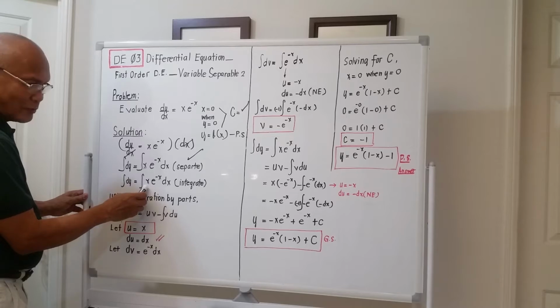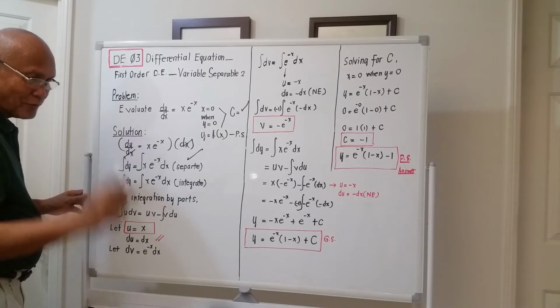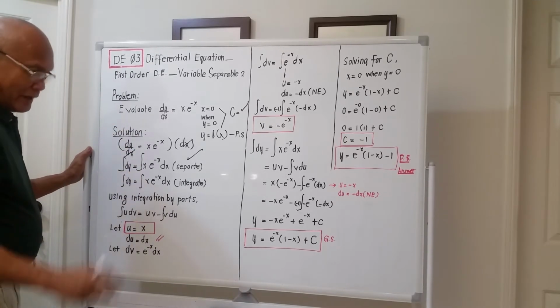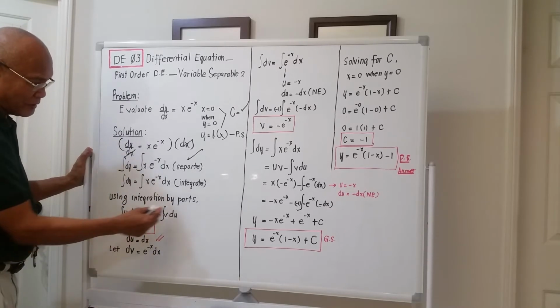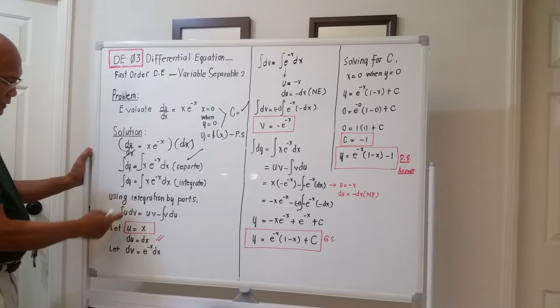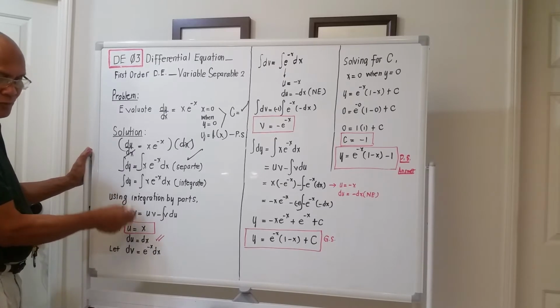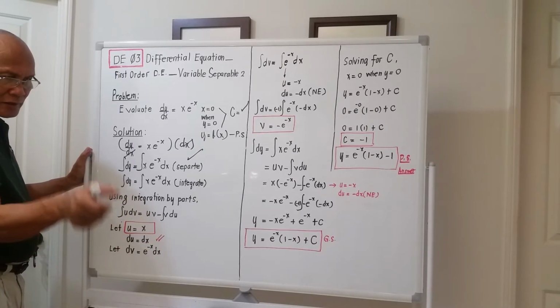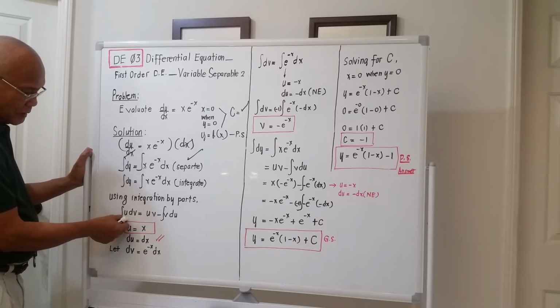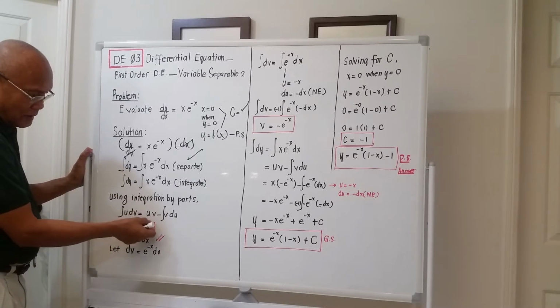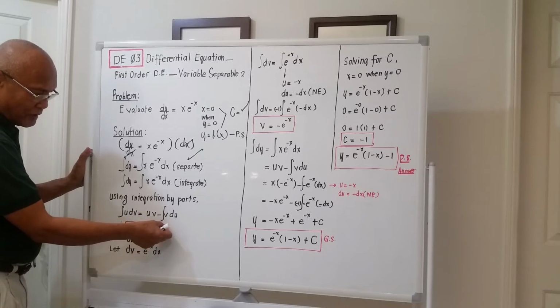But we got an x over here, so it does not fall under the power formula. And I think the proper solution is by using integration by parts. The integral of u dv, one of the integration processes under integral calculus, is the integration by parts. That is the integral of the form u dv is equal to uv minus the integral of v du.